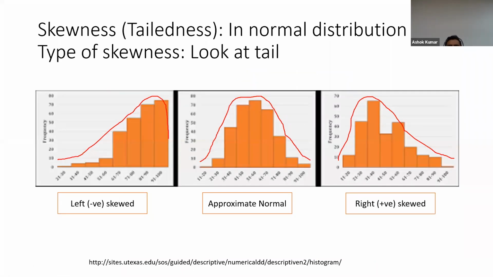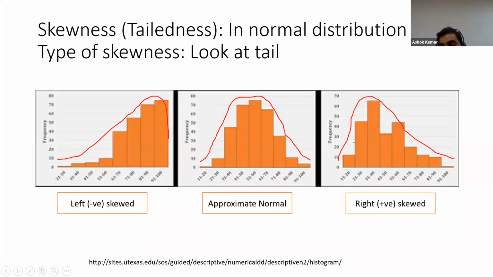When we talk about skewness and the histogram of quantitative or continuous data, on the left side, the majority of the observations are far from the y-axis, and you can see the tail is towards the left side. It's called left or negative skewed.